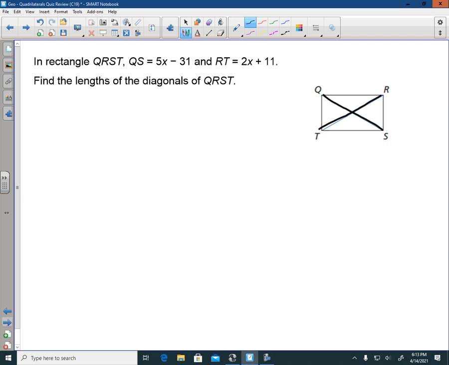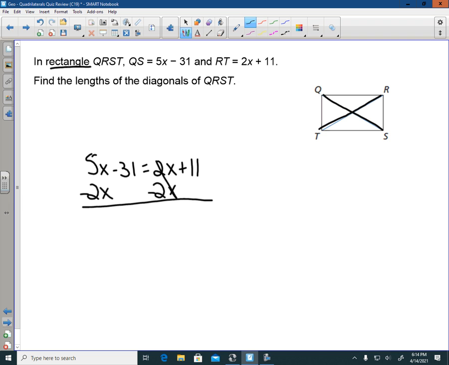Well, let's think about this. This is a rectangle. And in every rectangle, according to our theorem, the diagonals are congruent. And so the measure of QS, 5x minus 31, has to be equal to the measure of RT, which is 2x plus 11. And now we will do what we always do, solve for x. So we'll subtract 2x from both sides.